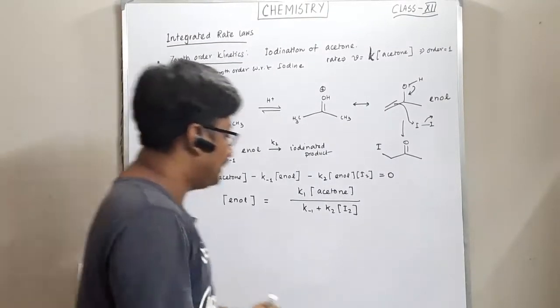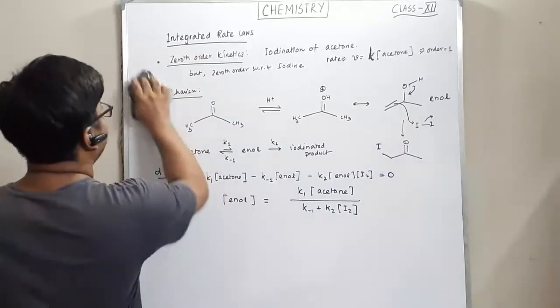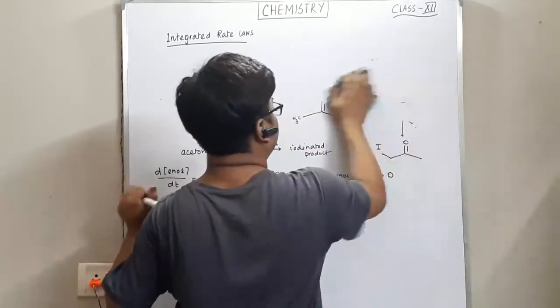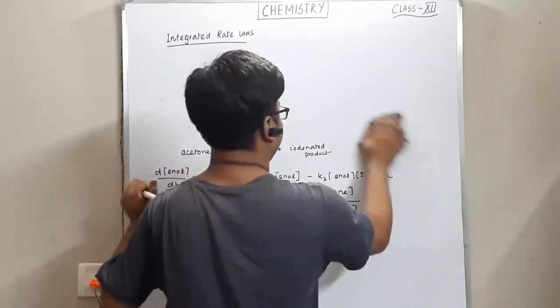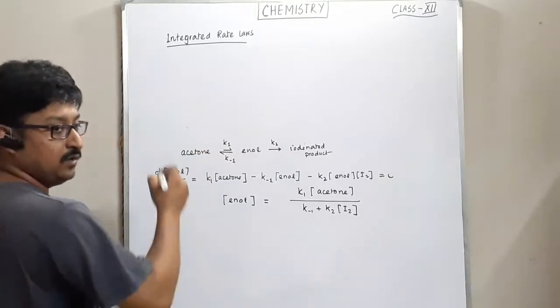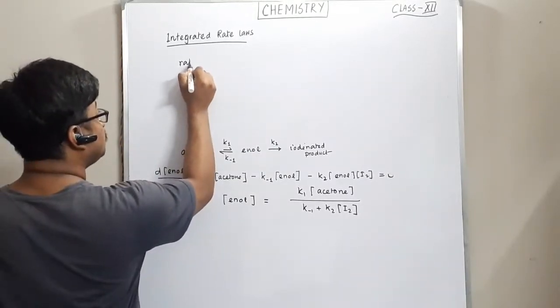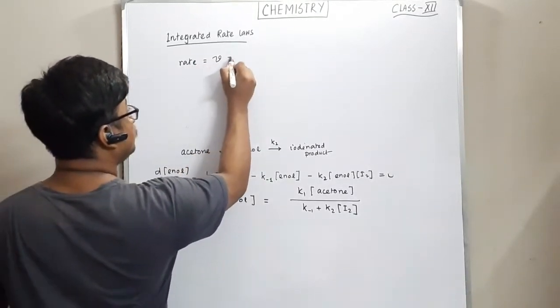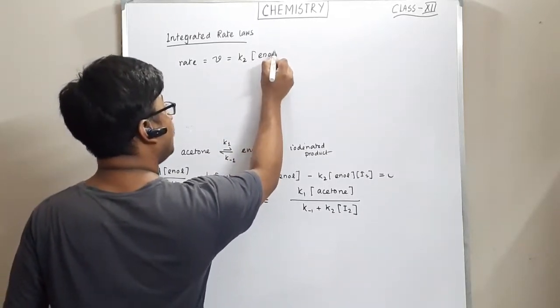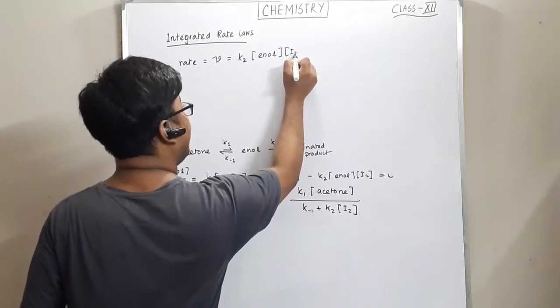And then what is the rate? Let me write the rate of the reaction. What is the rate of the reaction? The rate V is expected to be K2 into the concentration of the enol into the concentration of I2.